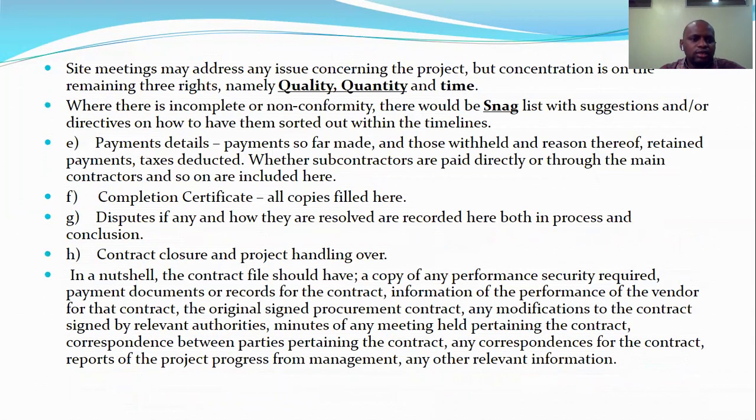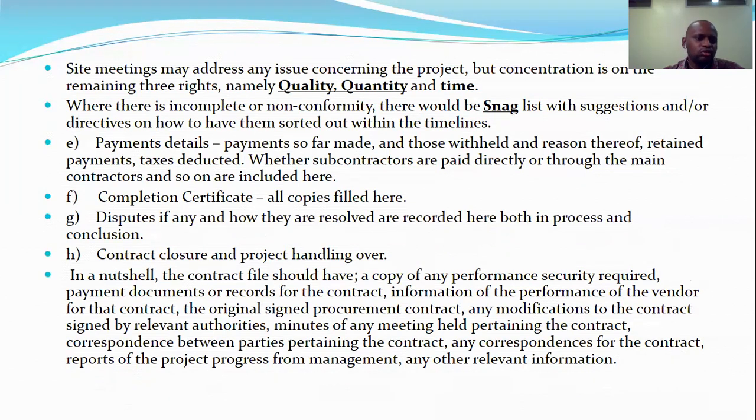Site meetings may address any issues concerning the project, but concentration is on the remaining three rights, that is the right quality, right quantity, and the right time. Where there is an incomplete item or non-conformity, there will be a snag list with suggestions and directives on how to have them sorted out within the timelines.